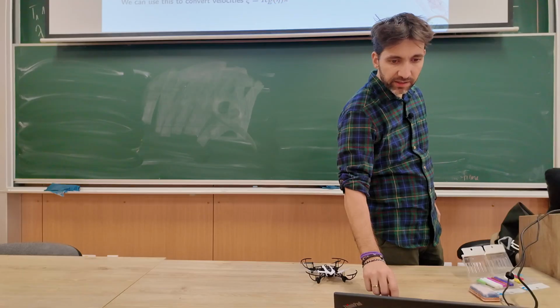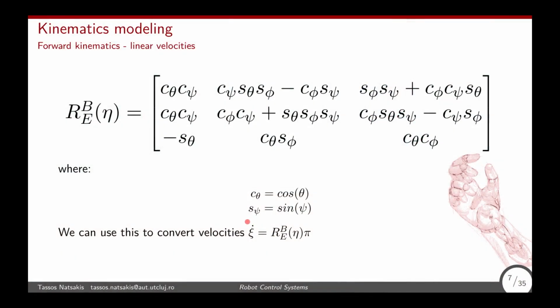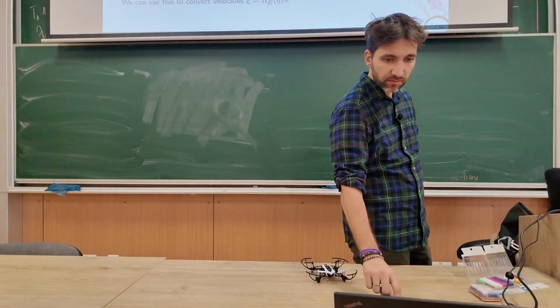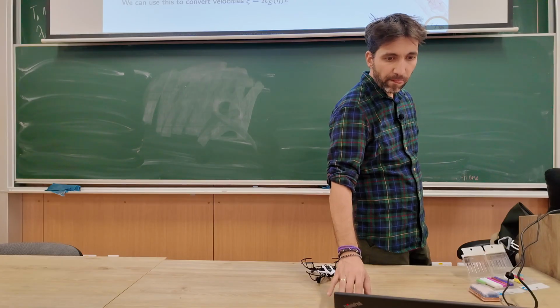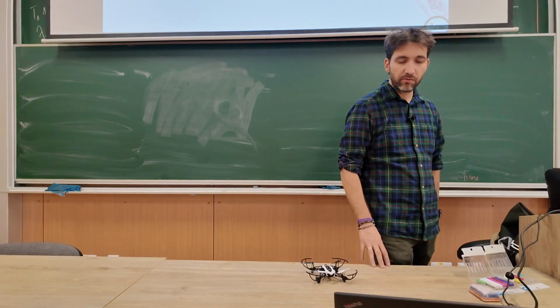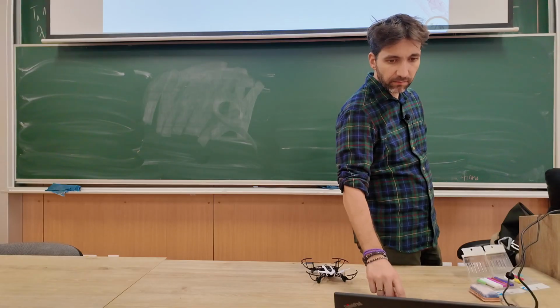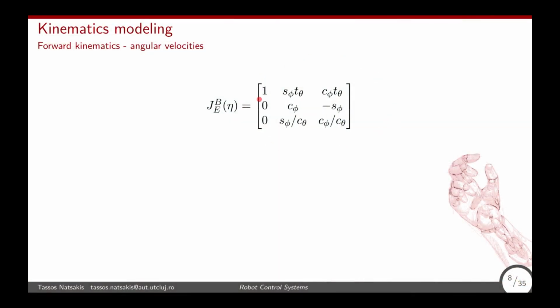This is pi, it's already velocities; xi is with a dot because xi was position, so xi dot is velocities, right? Good. For the angular velocities, we have a slightly different matrix that we need to multiply with. This gives us the transformation between the angular velocities in the robot frame and in the Earth frame.